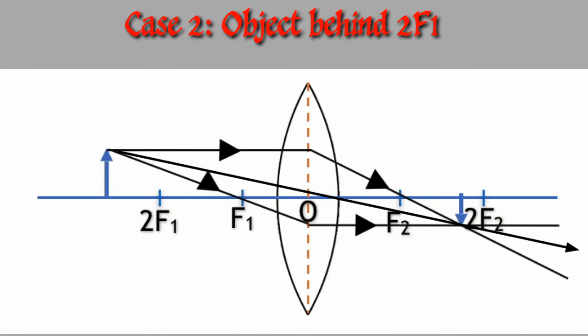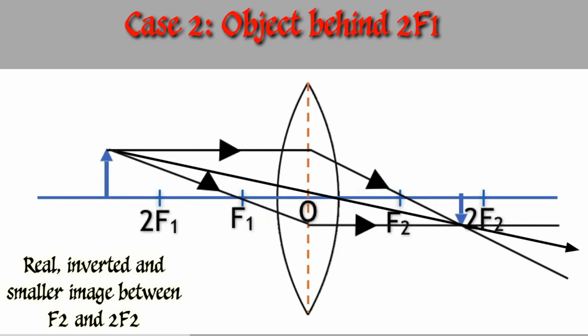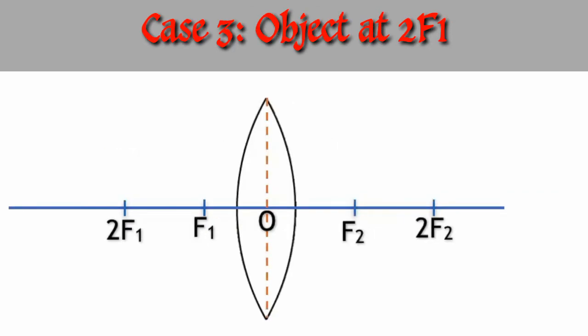When the object is placed beyond 2f1, the convex lens provides a real, inverted and diminished image between f2 and 2f2.